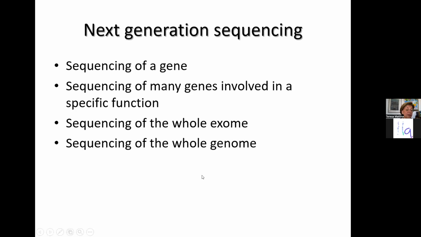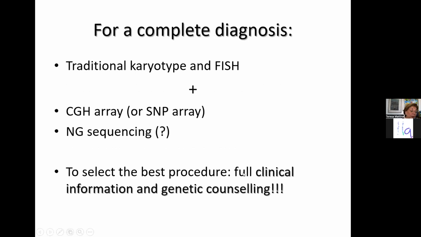So for a complete diagnosis, we need to have traditional karyotype and FISH, array CGH, or SNP array. Maybe we might want some next generation sequencing, but to select the best procedure, we need to have full clinical information and genetic counseling to drive the tests.